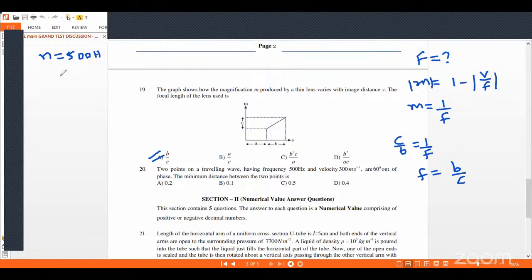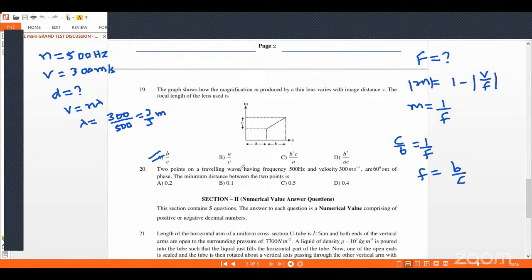The velocity is 300 meters per second. They are 60 degrees out of phase. We need the minimum distance between the two points. First, V equals n lambda, so lambda equals V by n, that is 300 by 500, which is nothing but 3 by 5 meter.